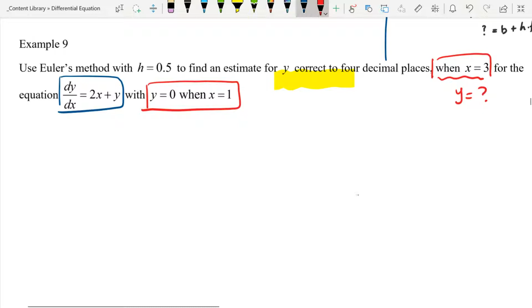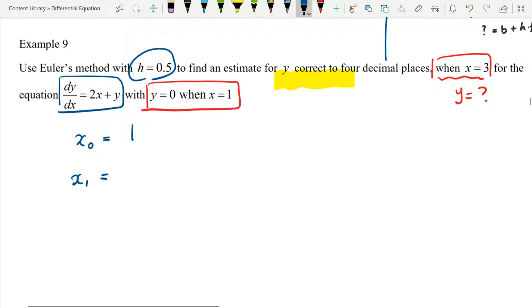So I will always start from the given point. My habit, if I don't have a calculator, when doing this type of question, is to start from the x value. So my x0, the initial x, is 1. And I want to work until x equals 3, with each step taking 0.5.